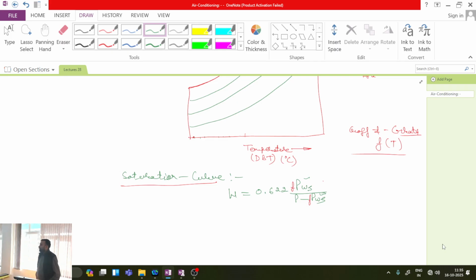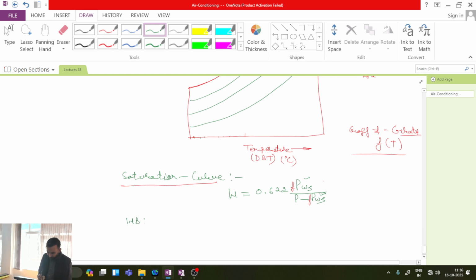The parameter which I can easily measure is WBT. So I must also know how WBT can be represented on this diagram. Because if I know DBT, I know WBT, and I know pressure, then I can easily represent the state and calculate all other parameters. So let's see the variation of WBT.